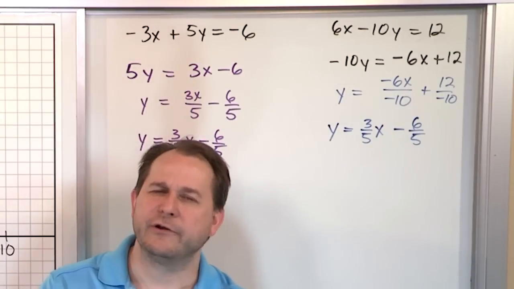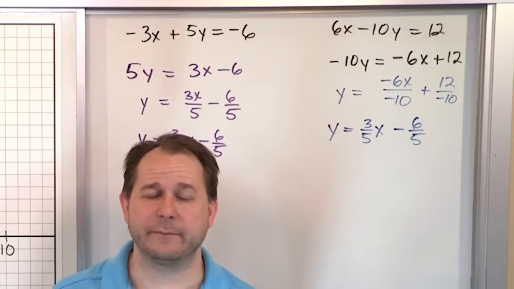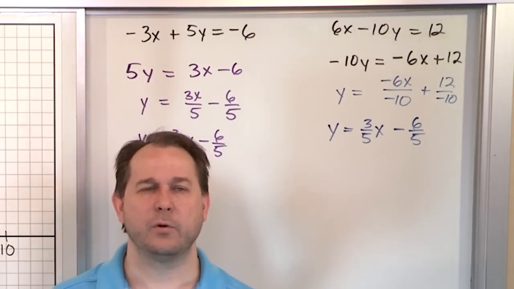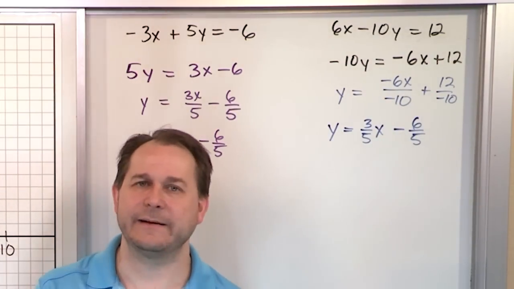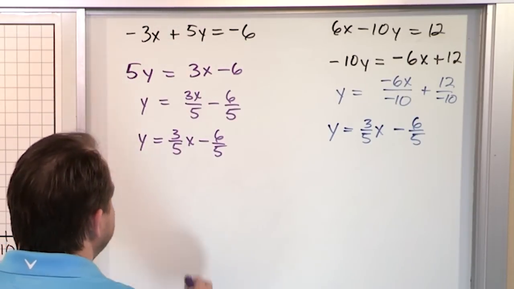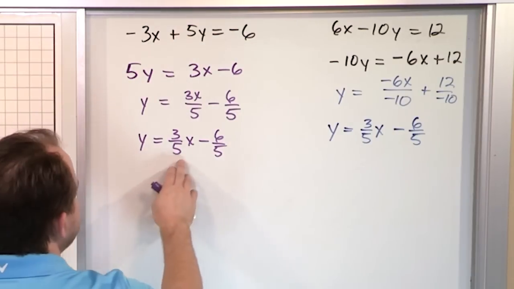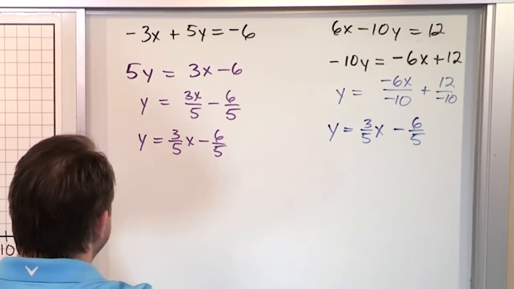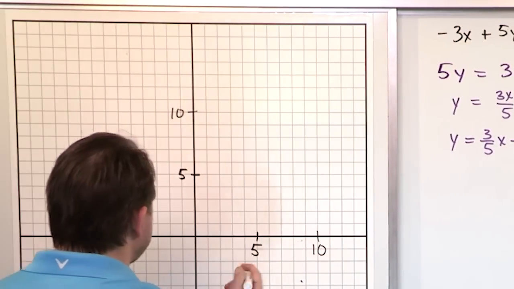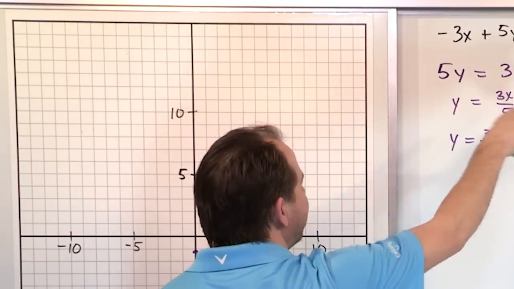Now that's really strange, because I'm telling you it's a system of equations, but when we actually try to graph them, so we put them in slope-intercept form, we actually find out that they're exactly the same thing. So what it means is, intuitively, if you want to really graph this, you can do it however you want. This 6/5 is just a little bit bigger than 1, so it's a little bit bigger than negative 1. So it's something like this. That's the y-intercept, and it's 3/5, so up 3 and over 5.